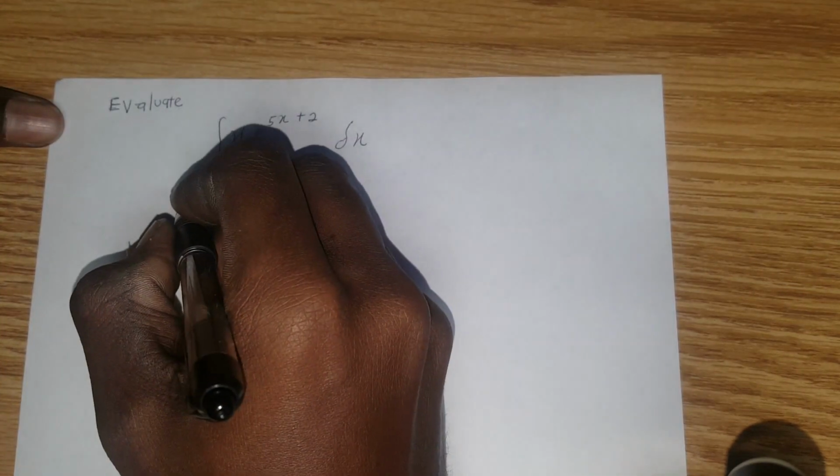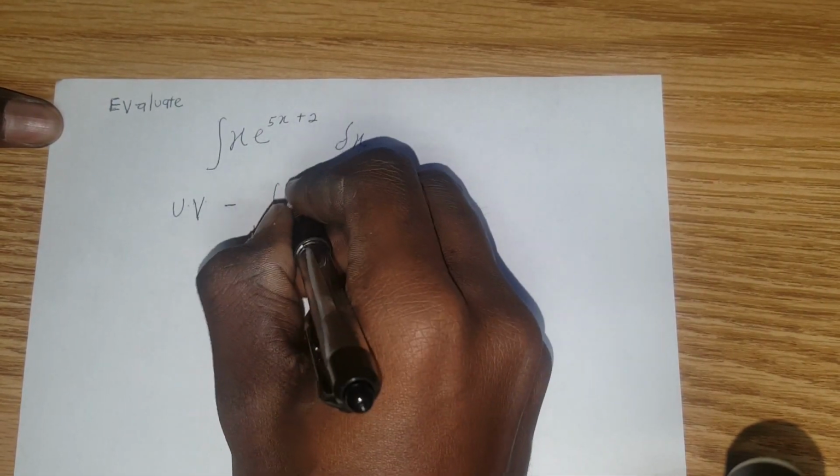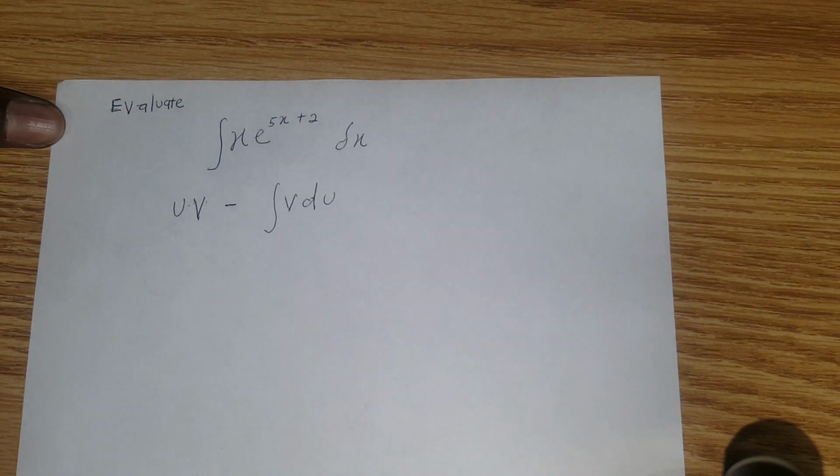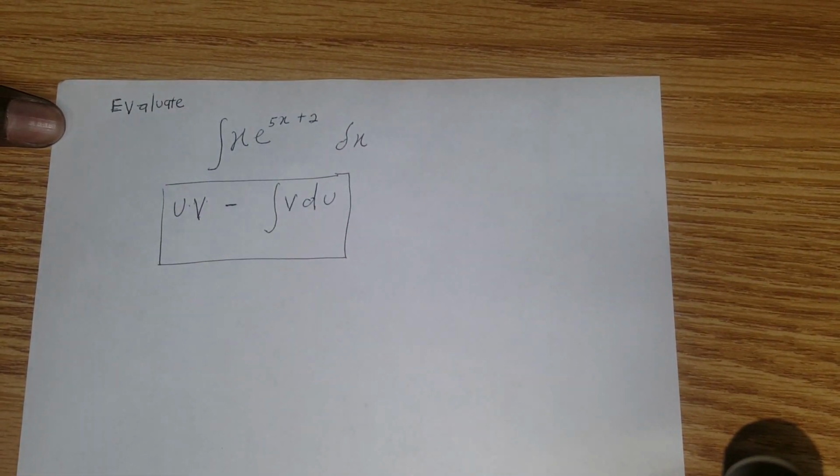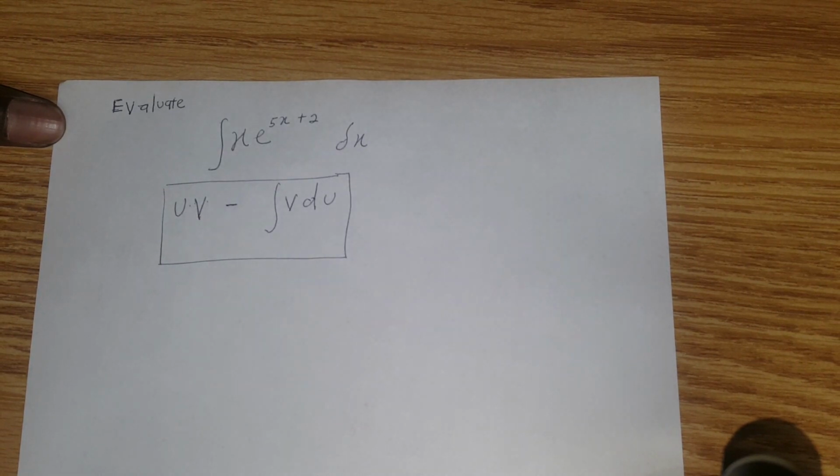And so we will write our formula down, which is u times v minus the integral of v du. This is our general formula for integration by parts. We then go ahead to assign our u and v.